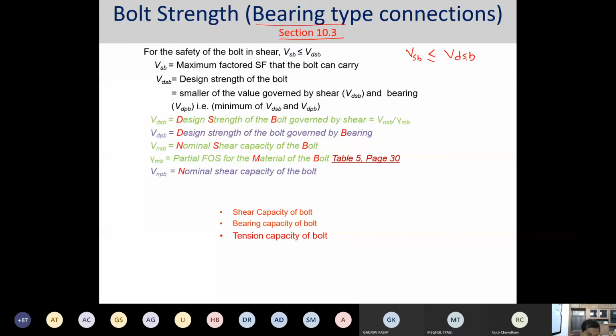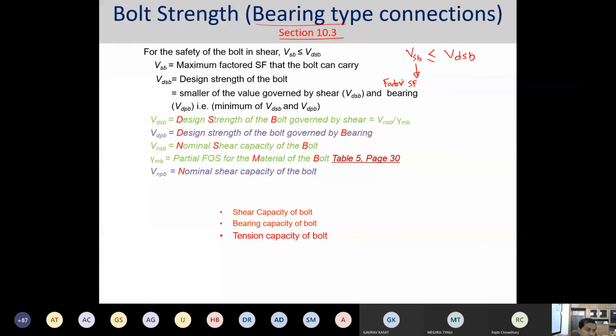VSB means the factored shear force that is coming onto the particular connection. What do we mean by factored shear force? For example, after providing 1.5 DL plus 1.5 LL, that factored force is coming over here, rather than the force for only DL plus LL.